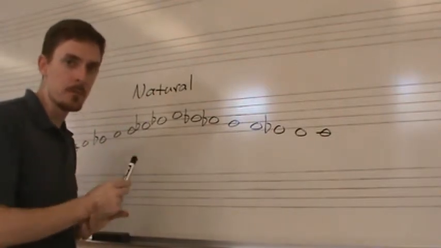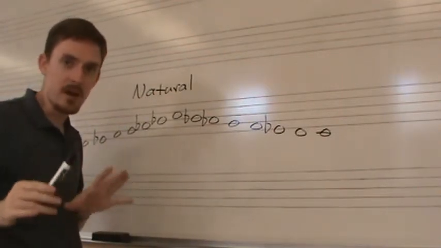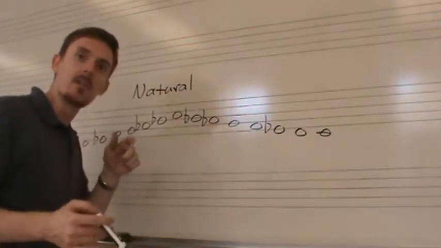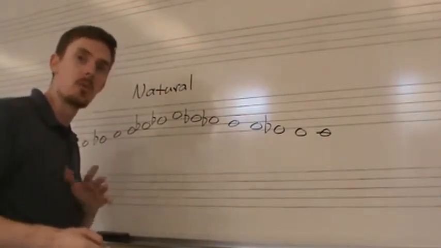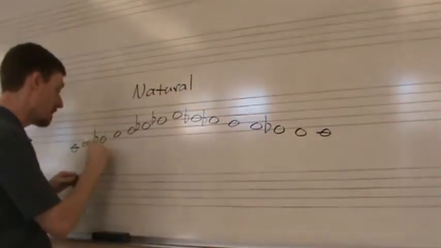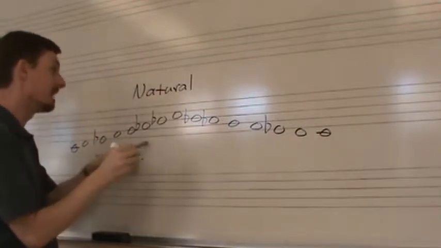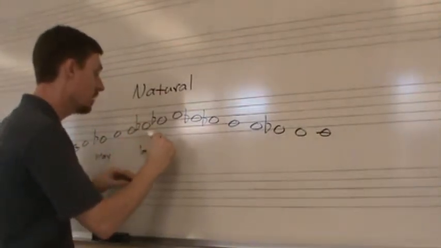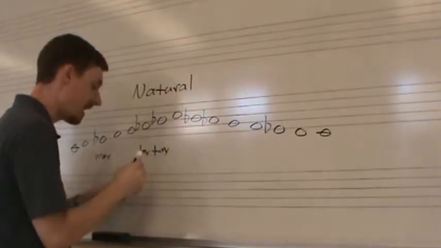And if you remember, when we talked about chromatic solfege, if you want to lower a note, you need to add the vowel sound A to whatever it is. So in this case, mi will become me, la will become le, and ti will become te.